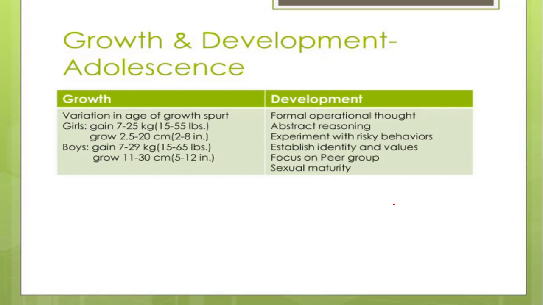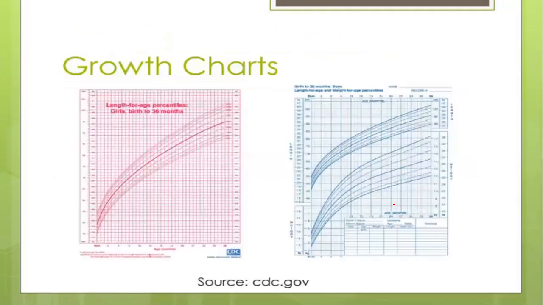As for development, they have formal operational thought, abstract reasoning, experiment with risky behaviors, establish identity and values, and focus on peer group and sexual maturity.